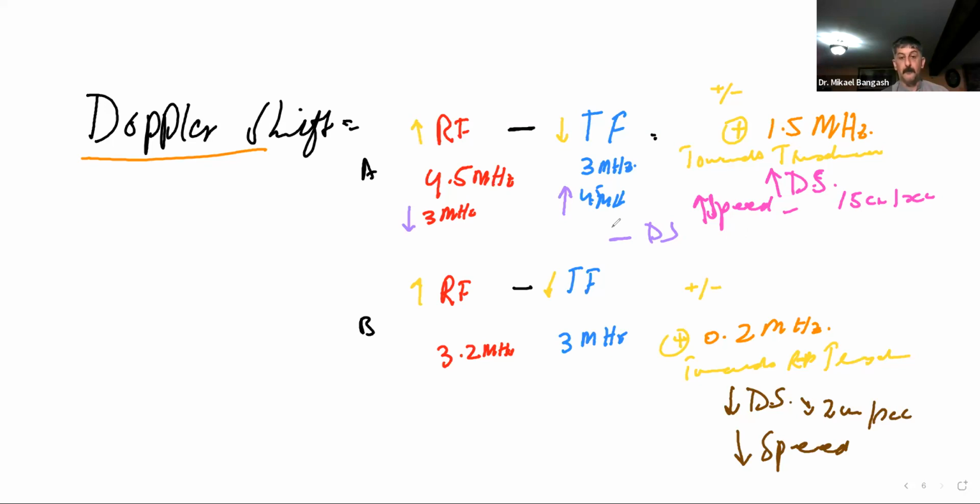Clear? So the positive or negative sign of your Doppler shift is based upon the direction, whereas the numerical value of your velocity is based on the numerical value of your Doppler shift.